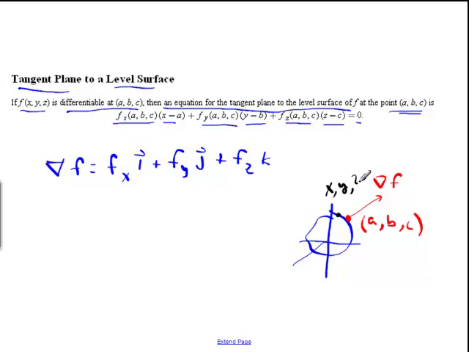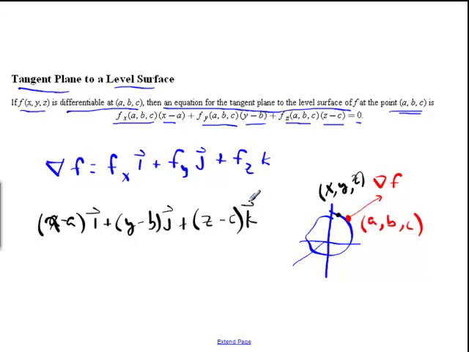So x, y, z is very close to the point A, B, C. So we know that the vector x minus a i plus y minus b j plus z minus c k is a vector, this vector here, and provided that x, y, z, and a, b, c are infinitely close to each other, that vector is in the plane that is tangent to the surface.